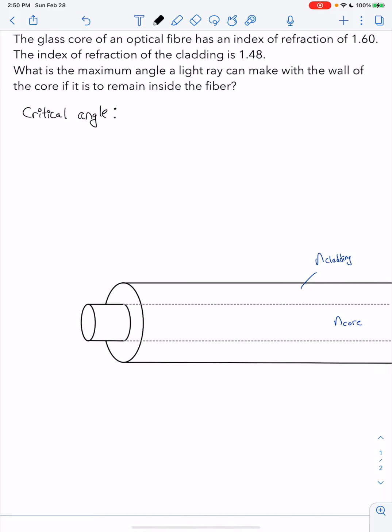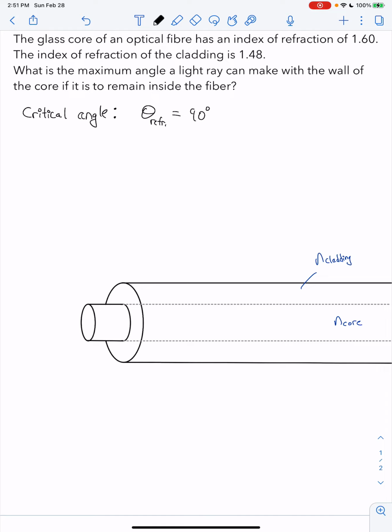So the critical angle is where we have an angle of refraction equal to 90 degrees, because beyond this point, we're going to have total internal reflection.